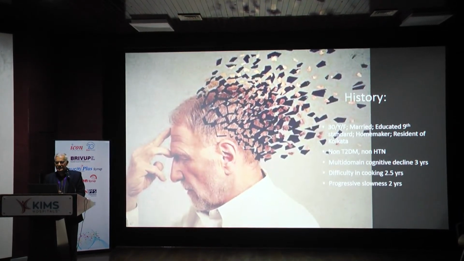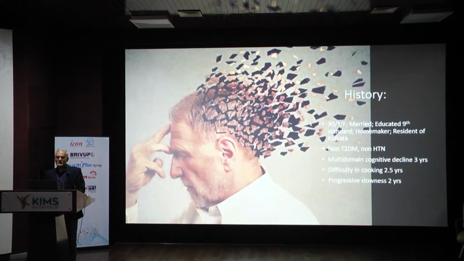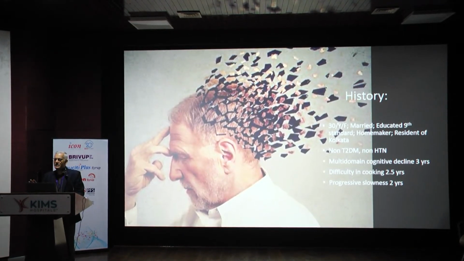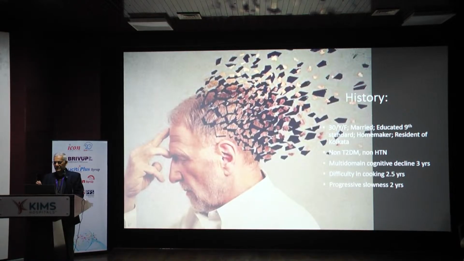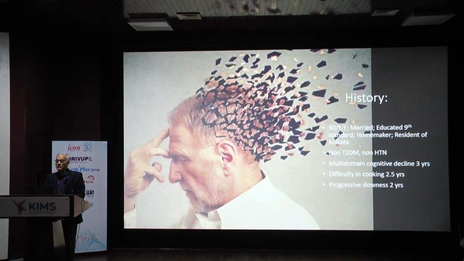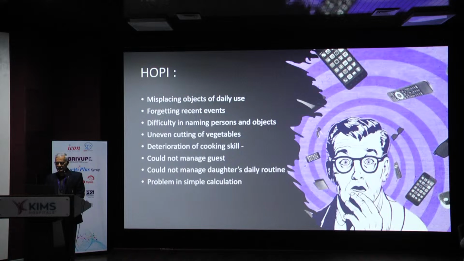So you generally do not get a patient of Alzheimer's disease in your exam, unless you have a very classical demonstrable finding like optic ataxia, because the examination is not only by history or analysis, it is also demonstration of clinical findings. Here the patient has both cognitive symptoms as well as motor symptoms. She has a lot of cognitive issues: misplacing objects of daily use, forgetting recent events, difficulty in naming persons or objects.